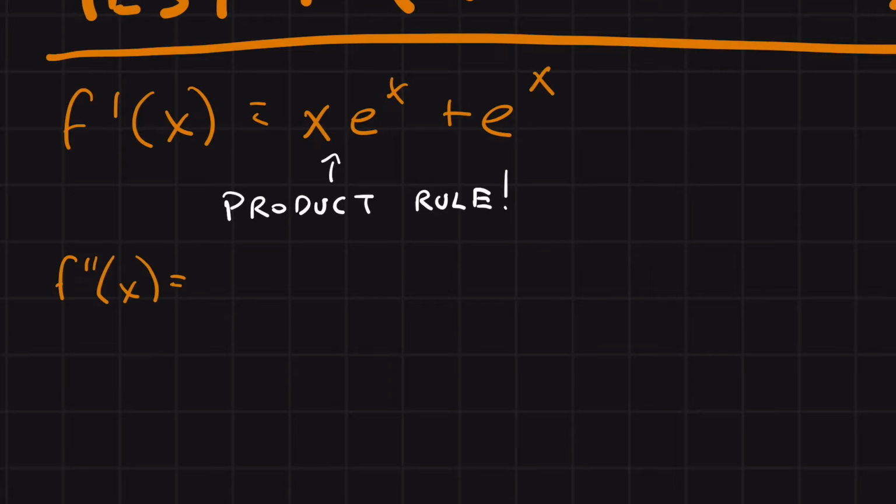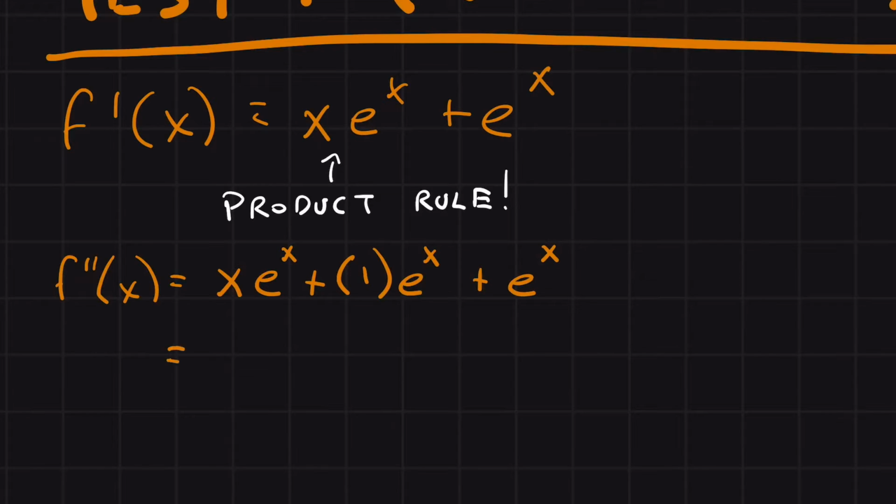Using the product rule, we keep the first function the same, x, and multiply that with the derivative of the second function. The derivative of e to the x is e to the x. Then we add that with the derivative of the first function, which is 1, times the second function, e to the x. And finally, we have a plus e to the x at the end.